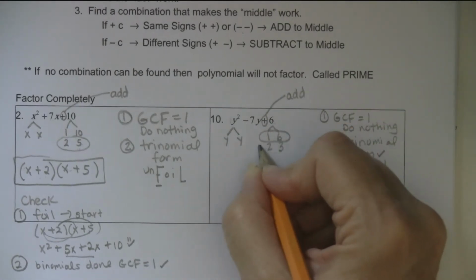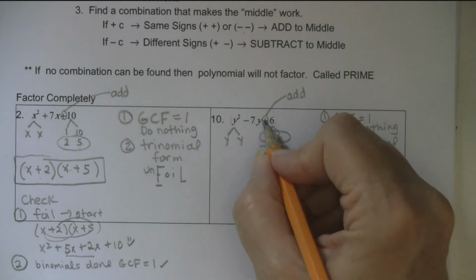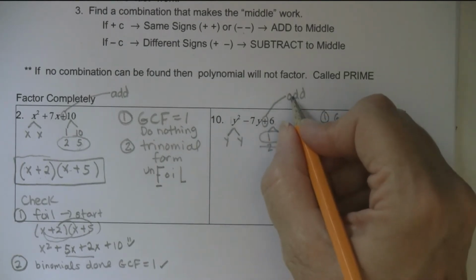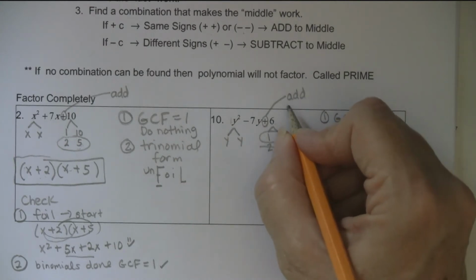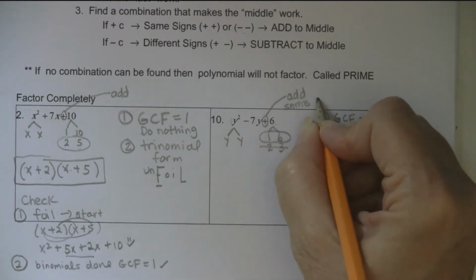And now is when I say, oh, in fact, I didn't really want it to be 7. I wanted it to be negative 7. And what this being a plus says is it tells me 2 things. It tells me that you add together to get the middle, but it also tells me that they are the same sign.